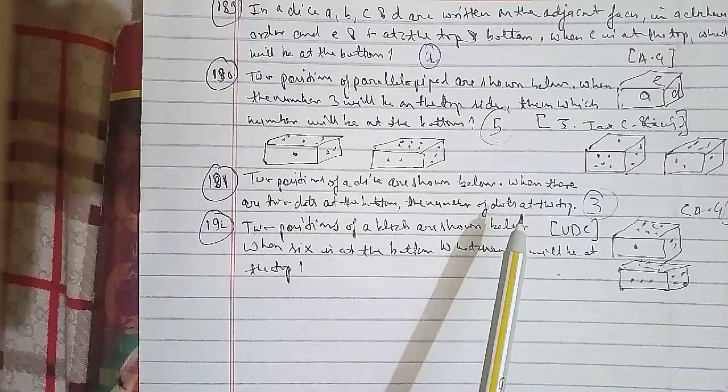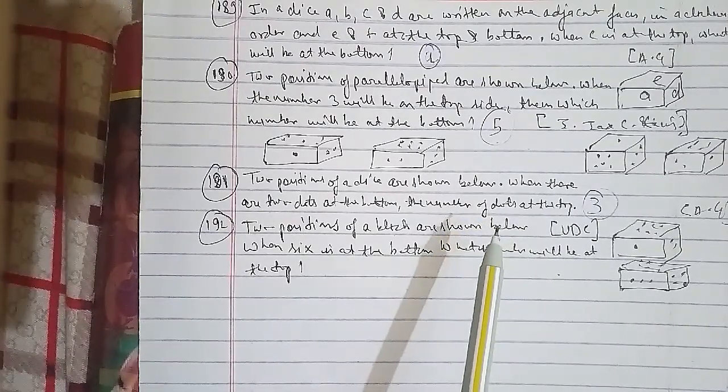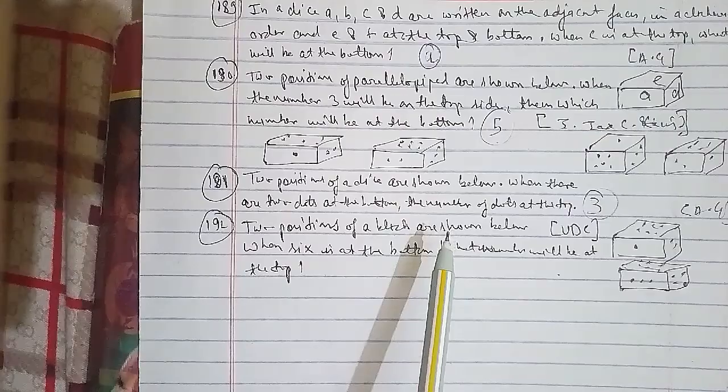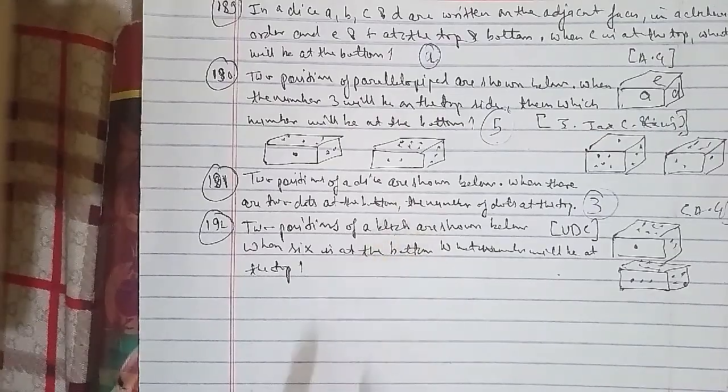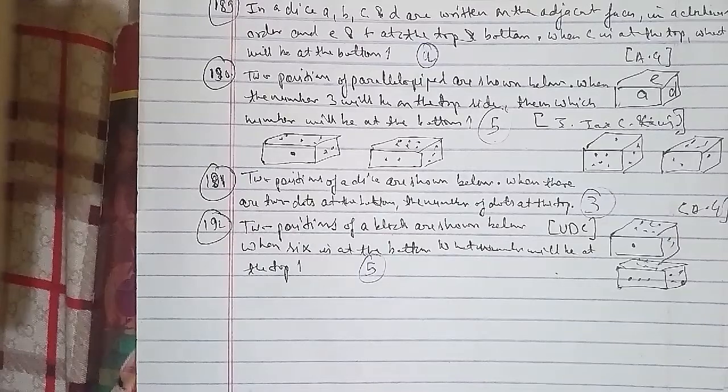Two of the positions are shown here. So when the block is laid as in the figure, what are the colors adjacent to the red side? That is what we have to talk about, and this has been asked in the assistant grade question paper. We'll go ahead for the same.